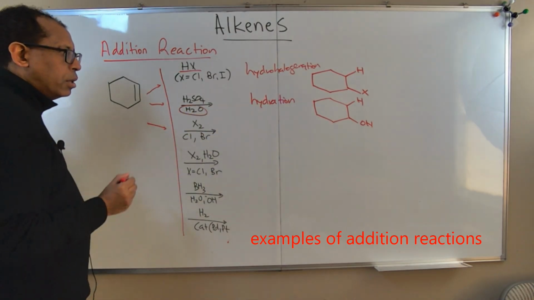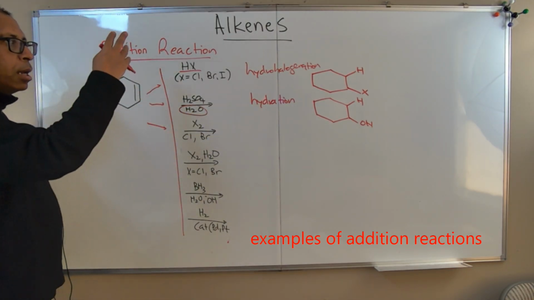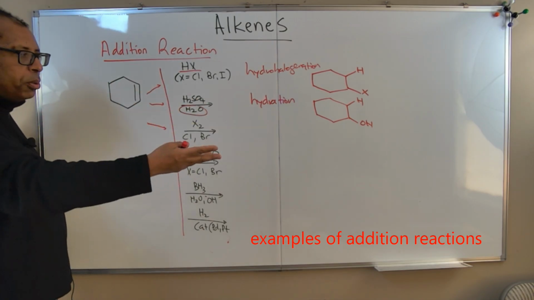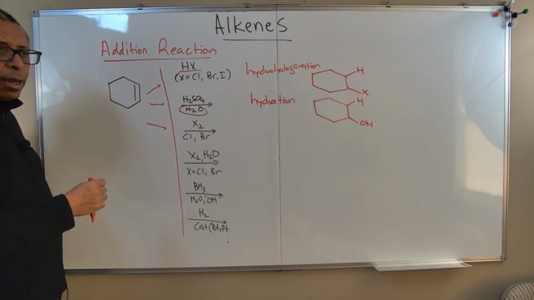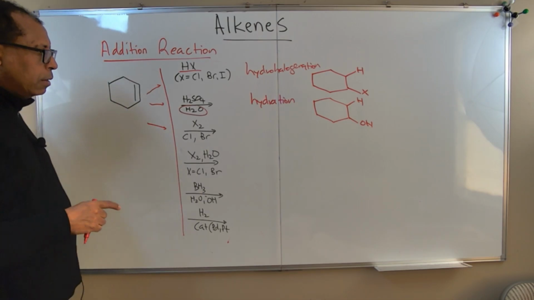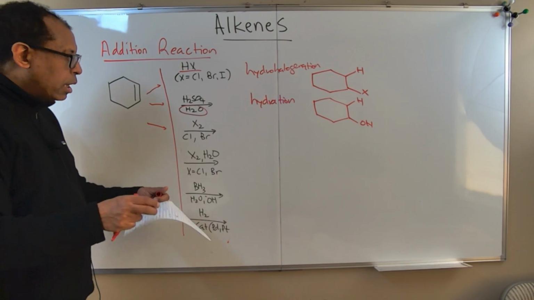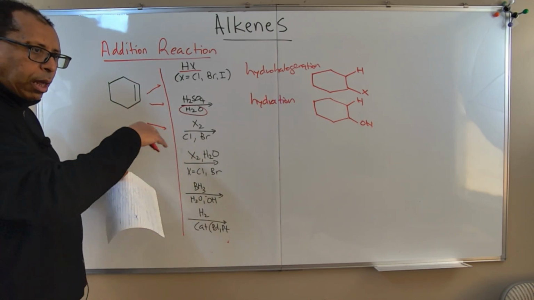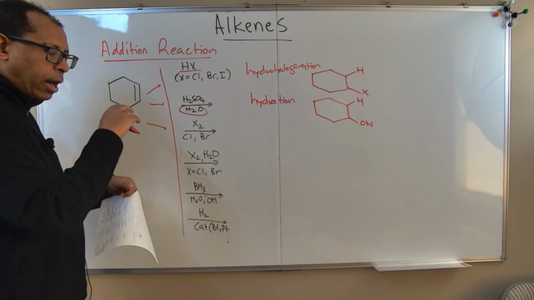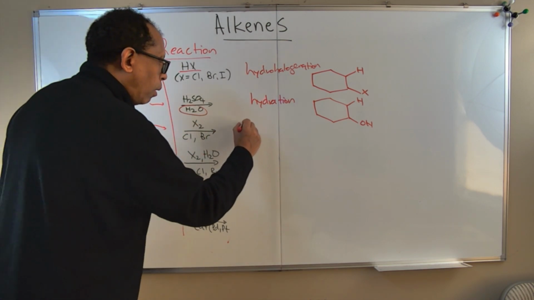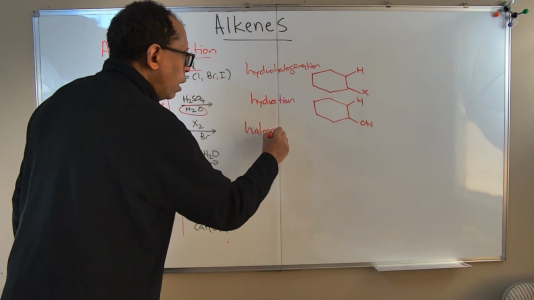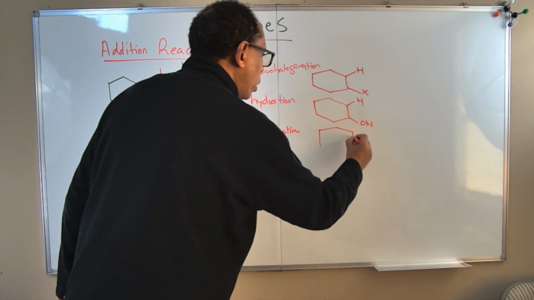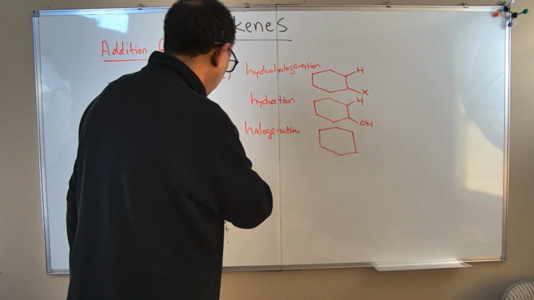So it's called hydration. So remember now, these are different reactions of an alkene, any alkene. It could be an open chain, but we are just taking an example of cyclohexene. Here, this is halogenation. That means you are adding across the pi bond, you are adding halogens. So this halogenation results in the addition of 1 molecule of a halogen.